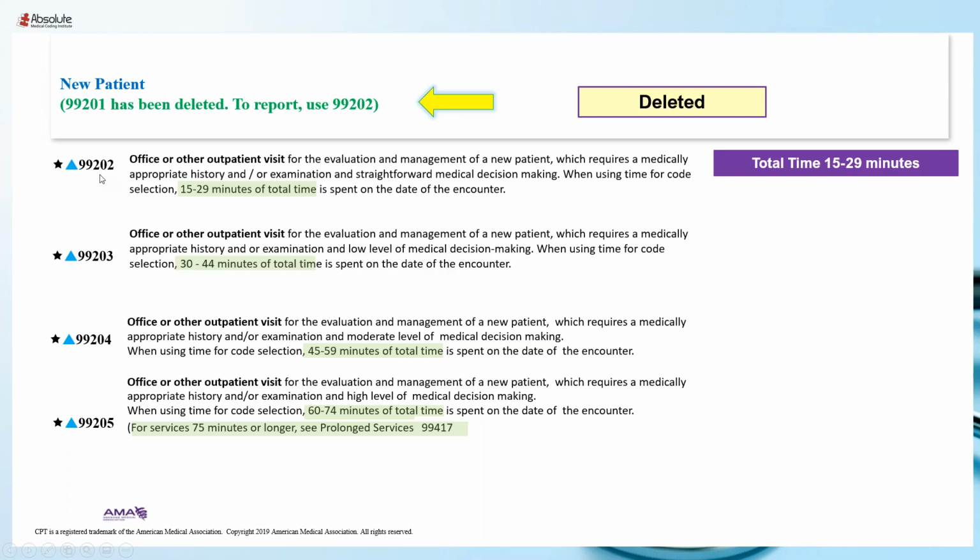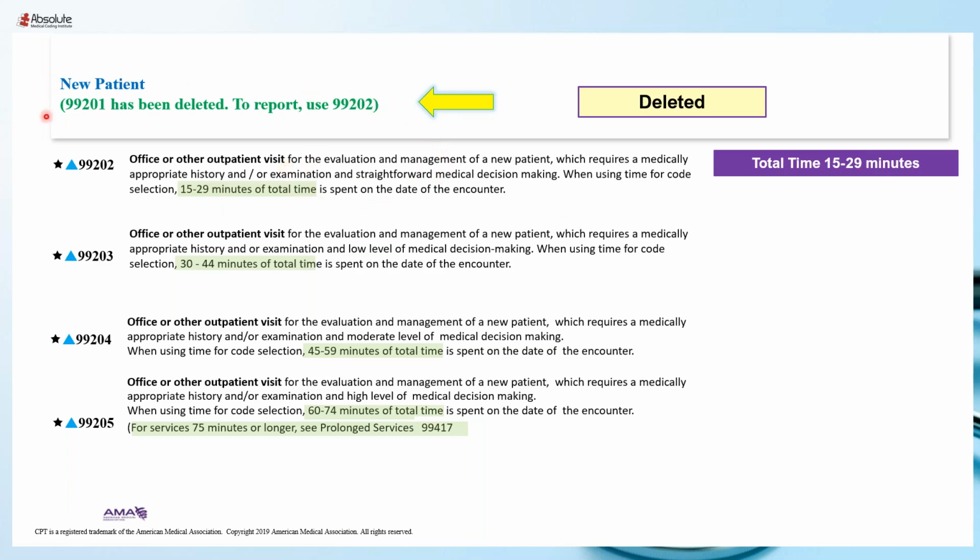So the code reads office or other outpatient visit for evaluation and management of a new patient, which requires a medically appropriate history and/or exam and straightforward medical decision making when using time for code selection. So essentially, you can use the total time of the encounter that satisfies the code language.